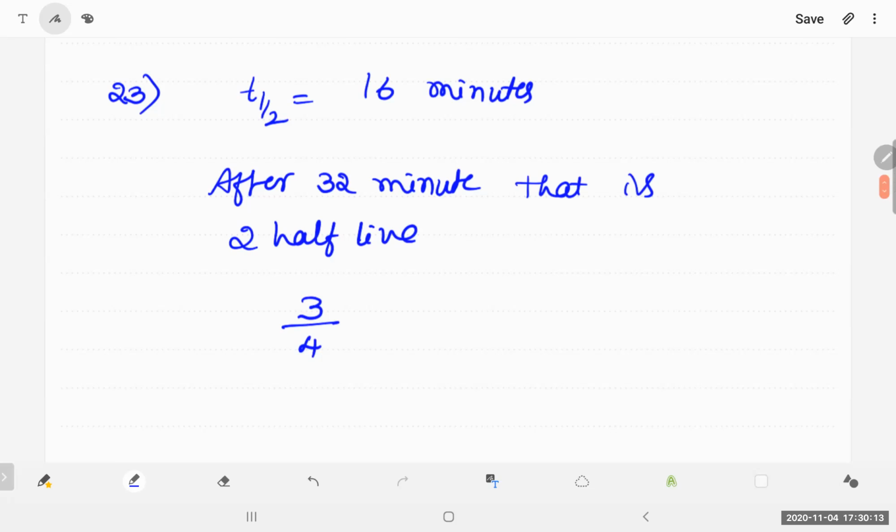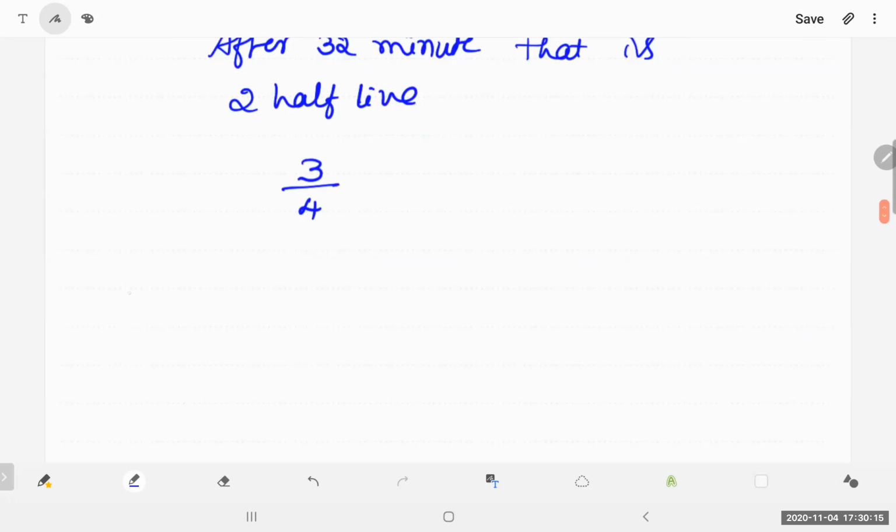Then question number 24. Out of 300 grams, a substance decomposes as per first order, how much will remain after 18 hours?